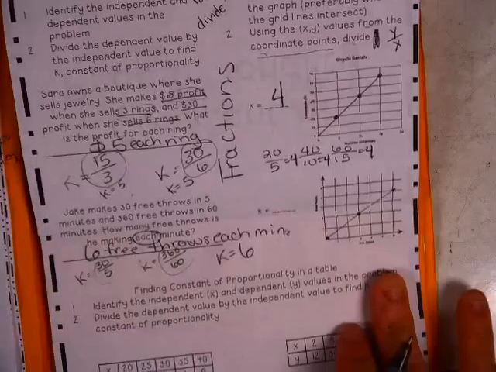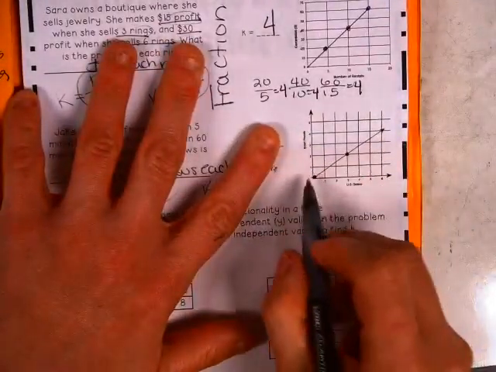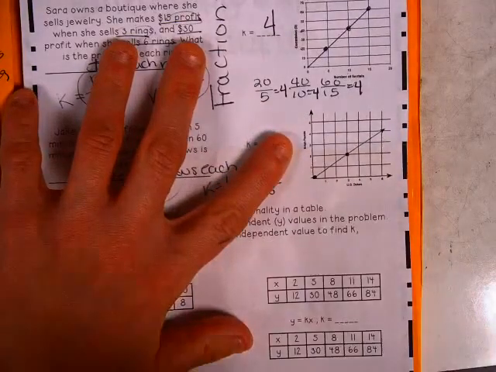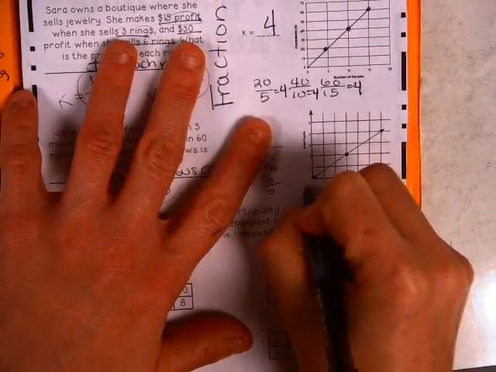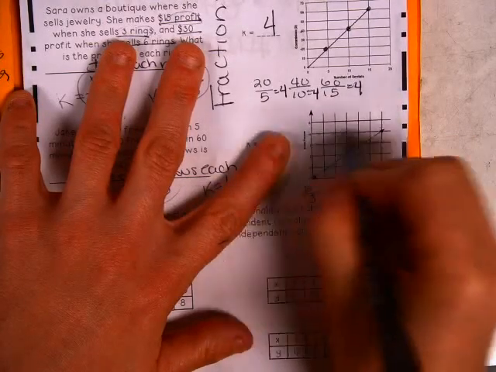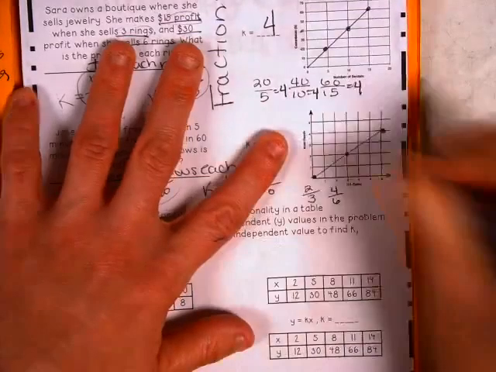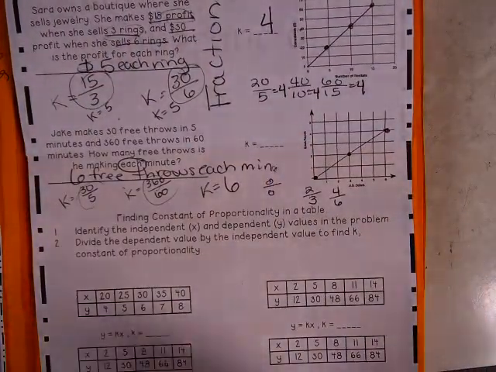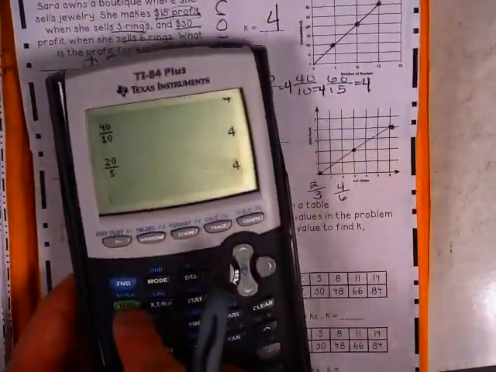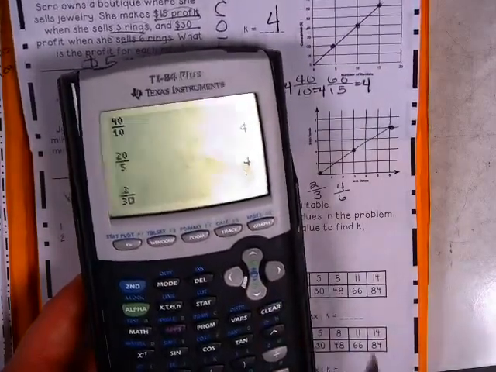Boom, easy peasy. Same thing goes with this one. We first go, this is 0, 0, so it would be 0 divided by 0, or 2 over 3, or, and I don't know if you can see it, 4 over 6. It's where the arrow is. If you look there, I can do 2 over 3.